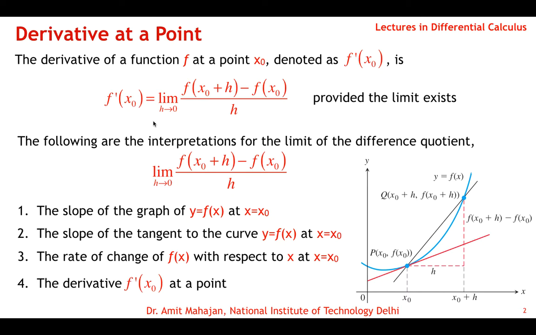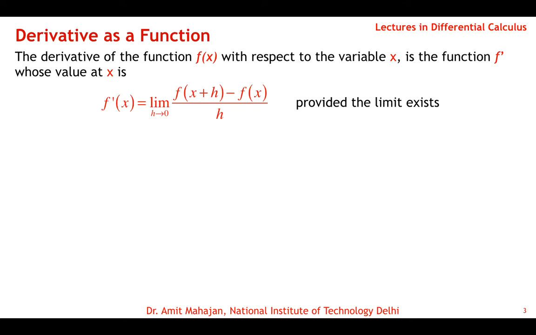Okay, so now we can generalize this to the derivative as a function. We can now define the derivative by considering the limit at each point x in the domain of the function instead of at a particular point x naught.